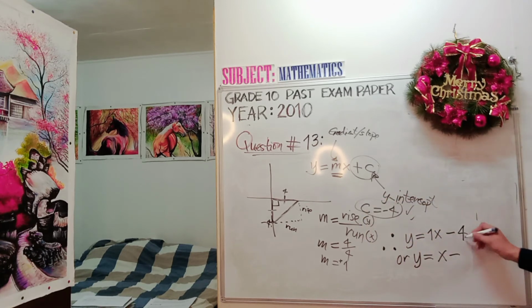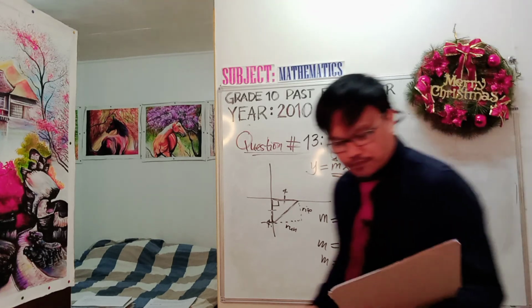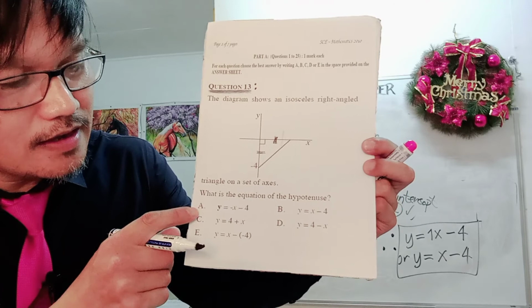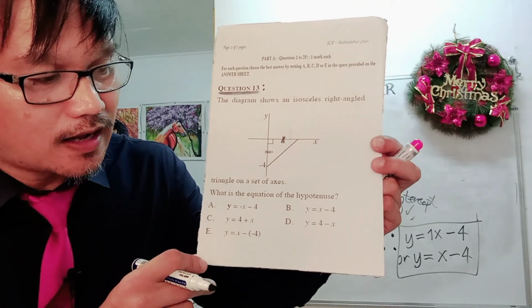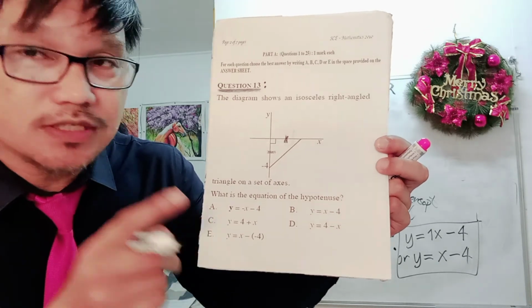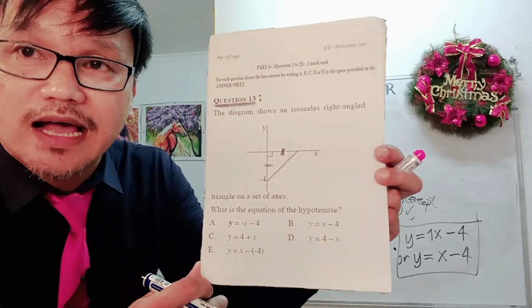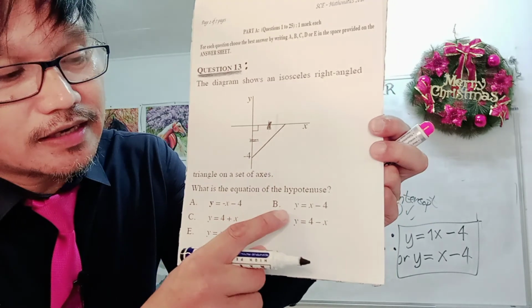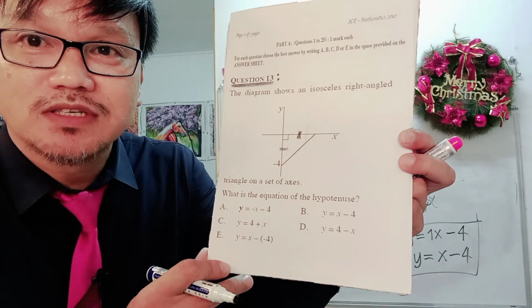So y is equal to x minus 4. Therefore, from the options A, B, C, D, E, the option that gives us the equation of the line from our calculation is letter B. Letter B is y equals x minus 4. So you get it now?